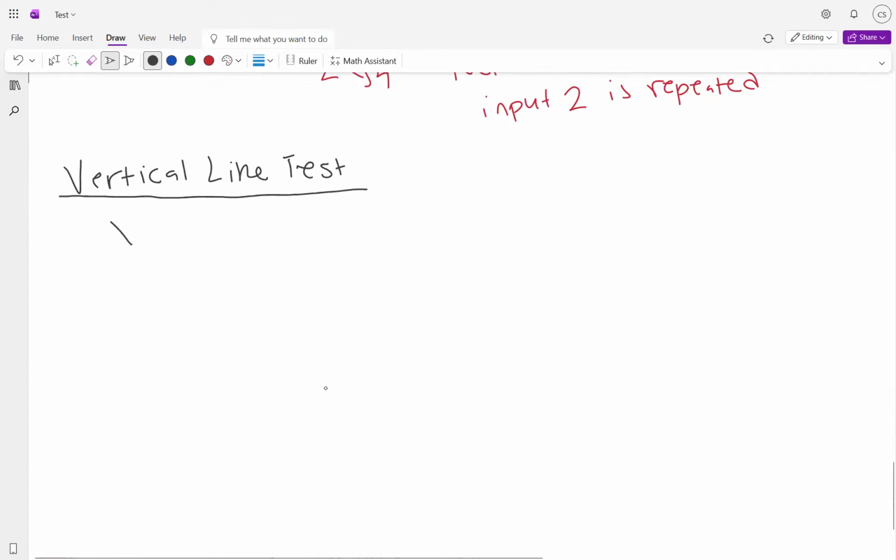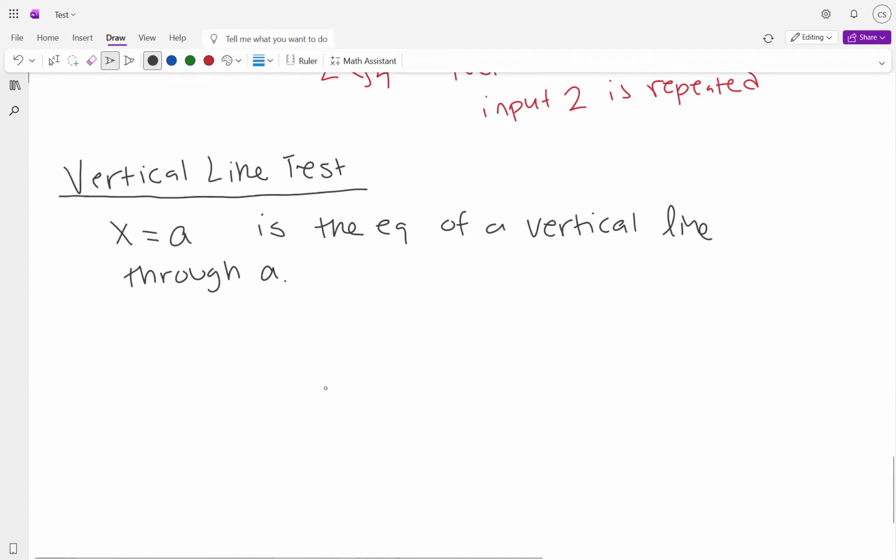Okay, remember that x equals a is the equation of a vertical line through a. A is just a placeholder for a number right now. So when we're given a graph, if we can check all of the vertical lines going through it, and it intersects only one time, we're going to be good. So I'm going to abbreviate vertical line test as VLT.